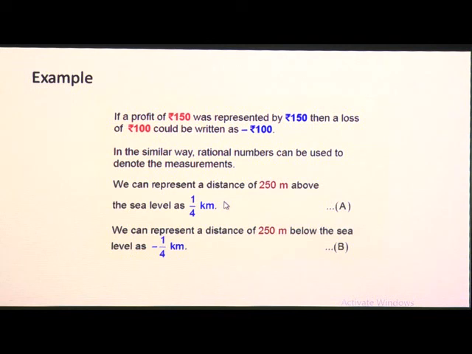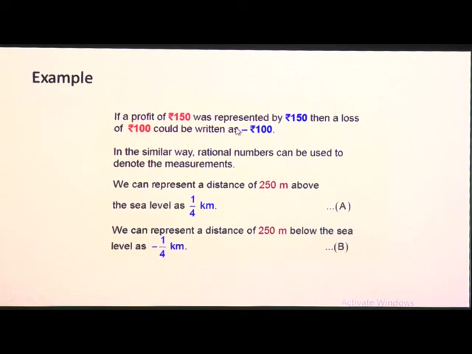So 250 meters above the sea level can be represented as 1/4 kilometer. We can represent a distance of 250 meters below the sea level as minus 1/4 kilometer.